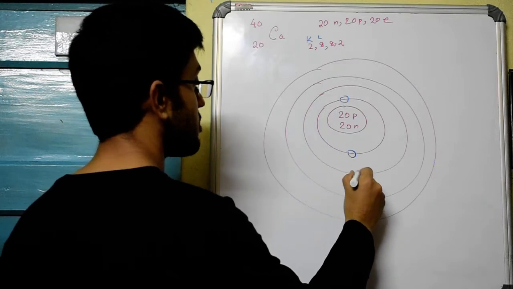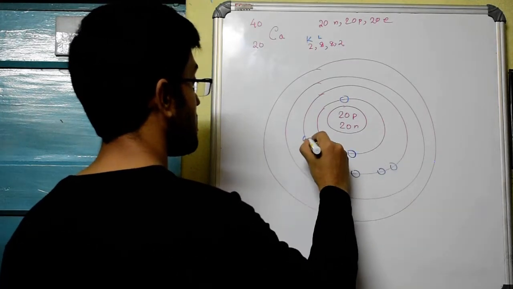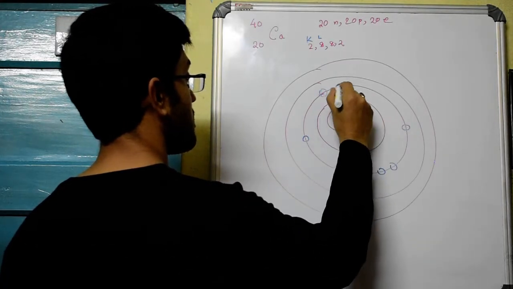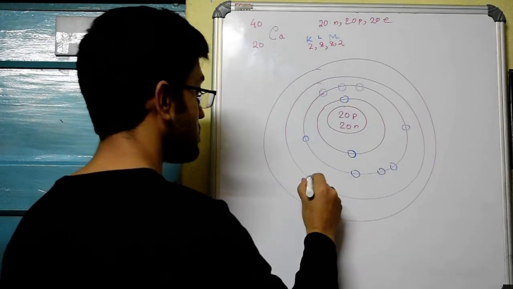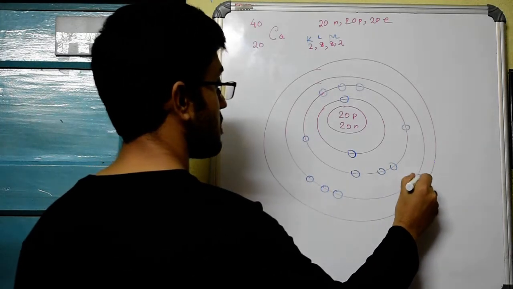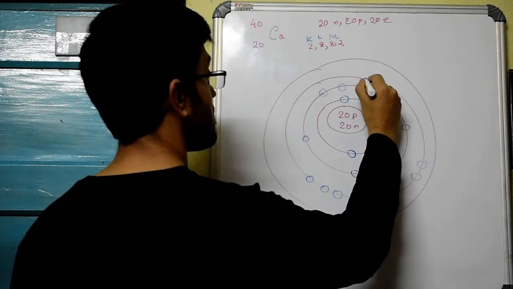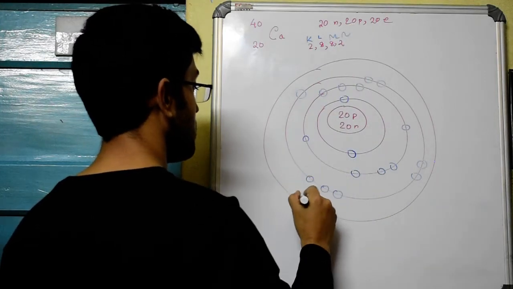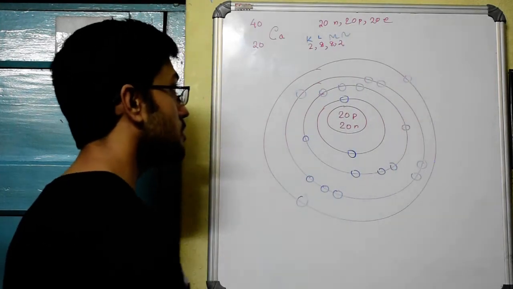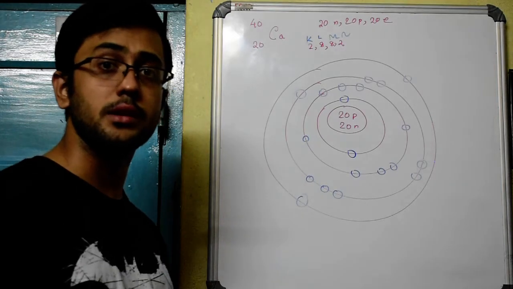L will have 8 electrons. Next is our M shell. Again 8 electrons. Finally we have the N shell, which will have 2 electrons. Add the number of electrons, makes it 20.